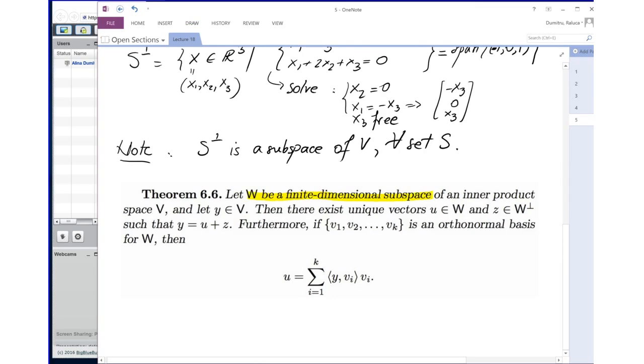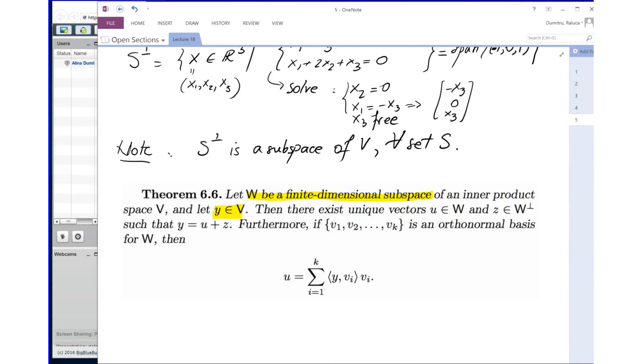Instead of a set, we start with a subspace, W of V. W is finite dimensional, okay? And Y is in V. Y is a vector of V. The idea is that every vector of V, Y, could be split into a sum in a unique way. The sum between a vector in W and a vector in the orthogonal complement of W. Okay, so any vector could be split like this.